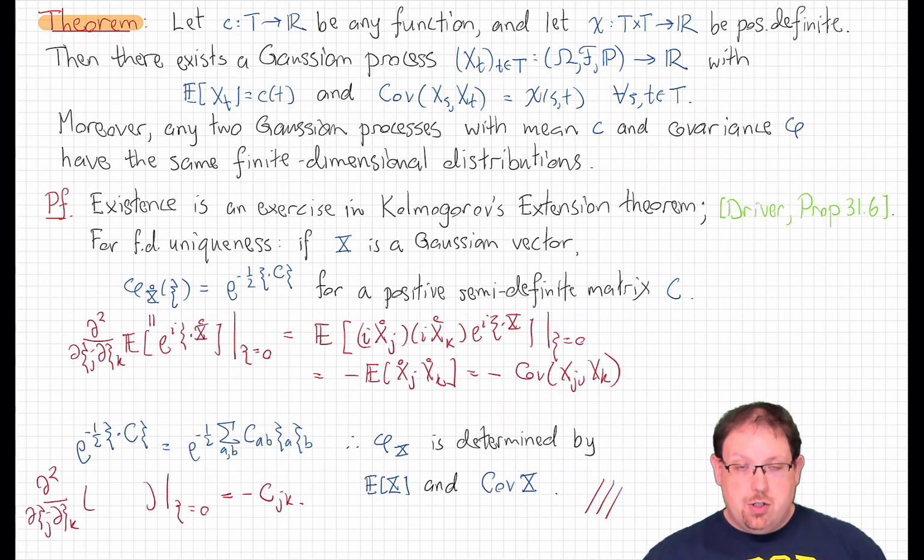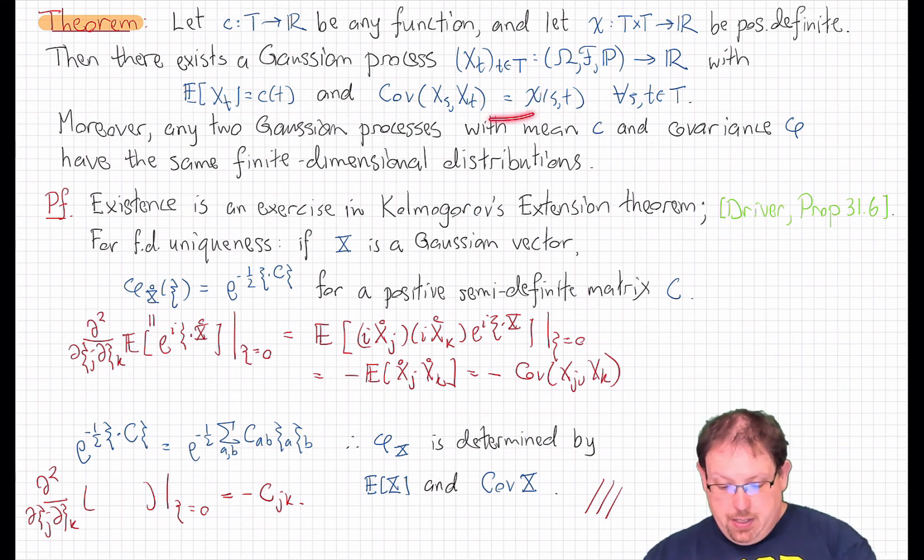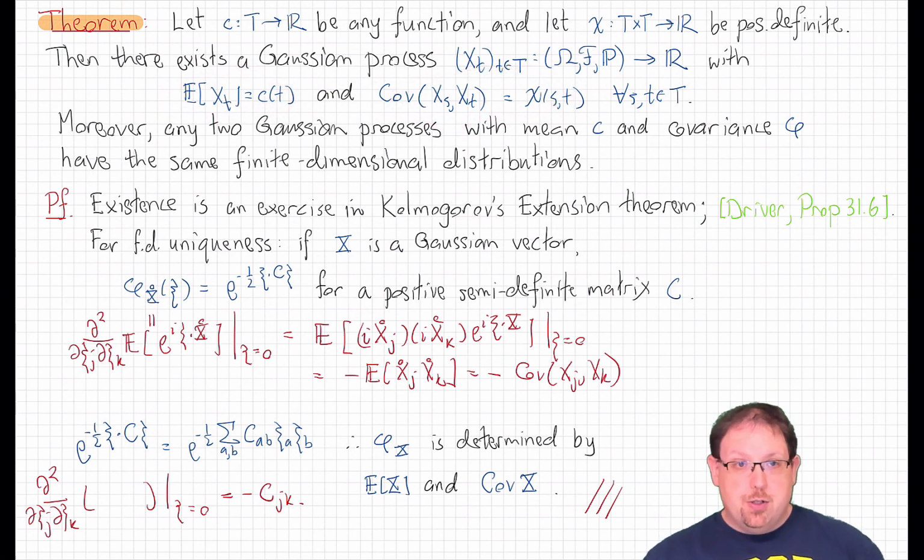So the distribution of any jointly Gaussian random vector is completely determined by its covariance and its mean. And therefore, if I have a Gaussian process, knowing its covariance function and its mean function are enough to recover the distribution of any vector of instances at any times. In other words, enough to recover all the finite dimensional distributions.